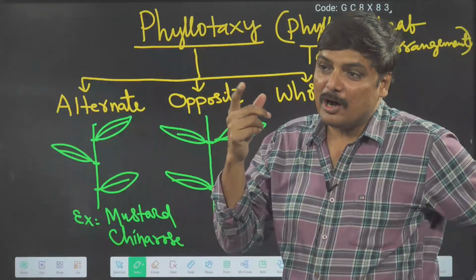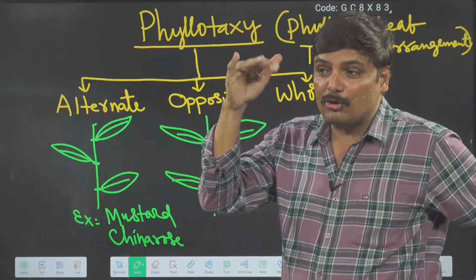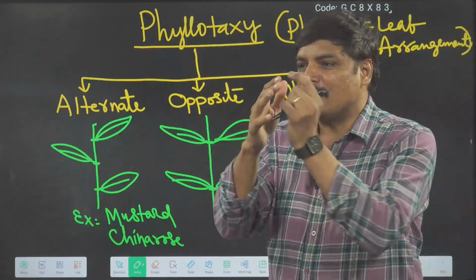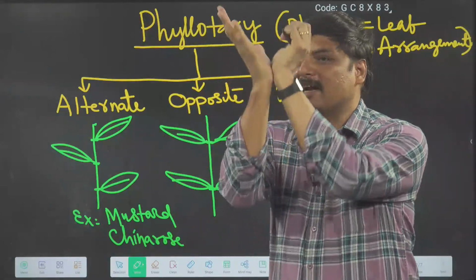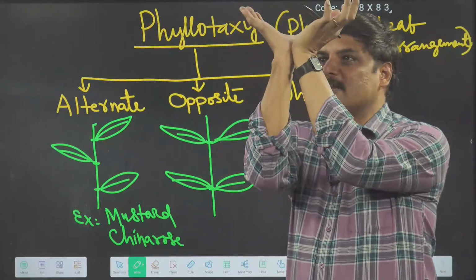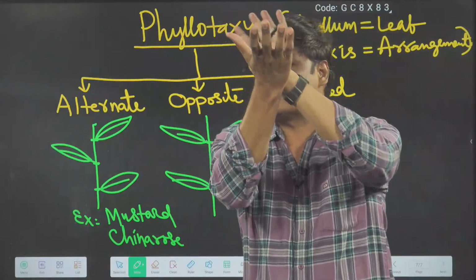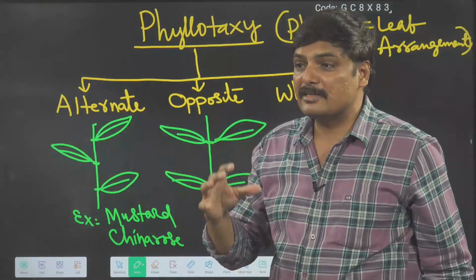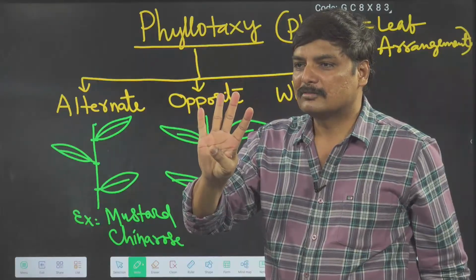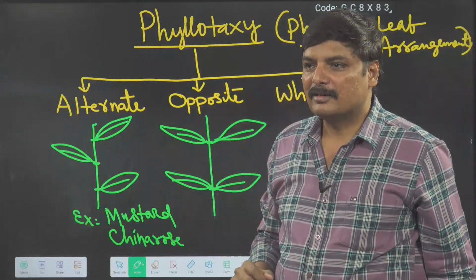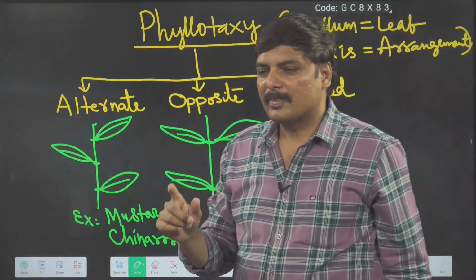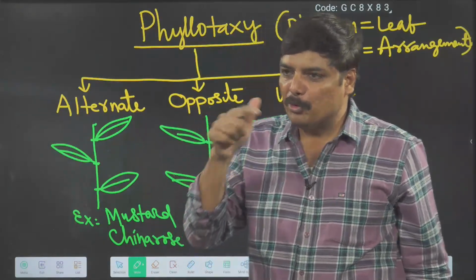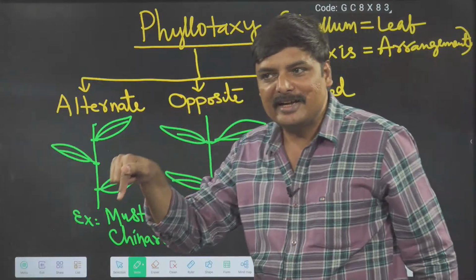In case of opposite decussate, one pair of leaves like this, and another pair like this, again another pair like this. In how many rows are the leaves arranged? In that case, 4. Understand? That means opposite is again two types: opposite superposed and opposite decussate.